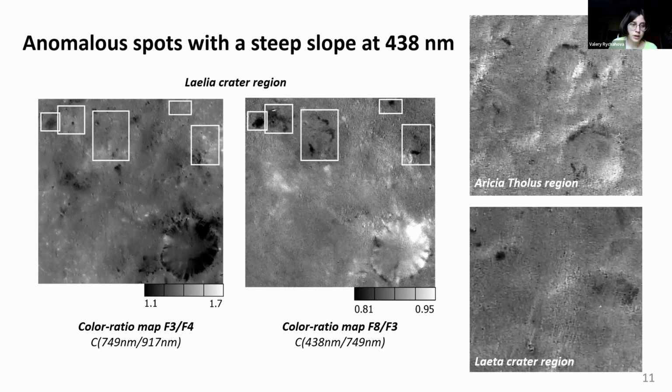Such spots have a steep slope at 438 nanometers, and the behavior and location of such spots is strongly similar to the behavior of the light mantle that was recognized around Oxo and Octavia craters.